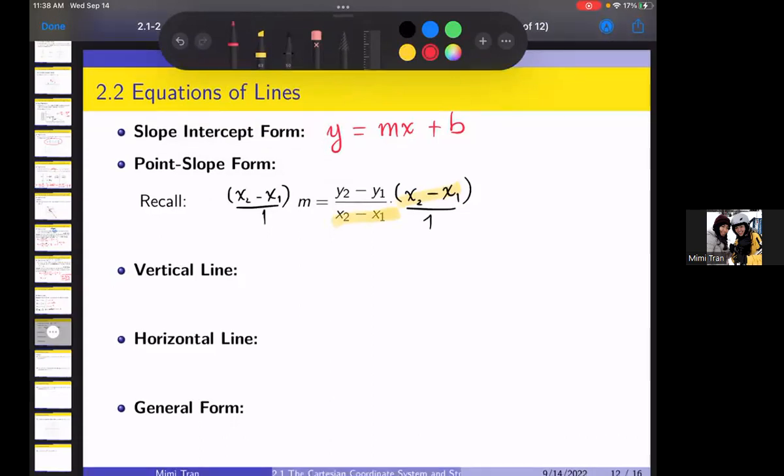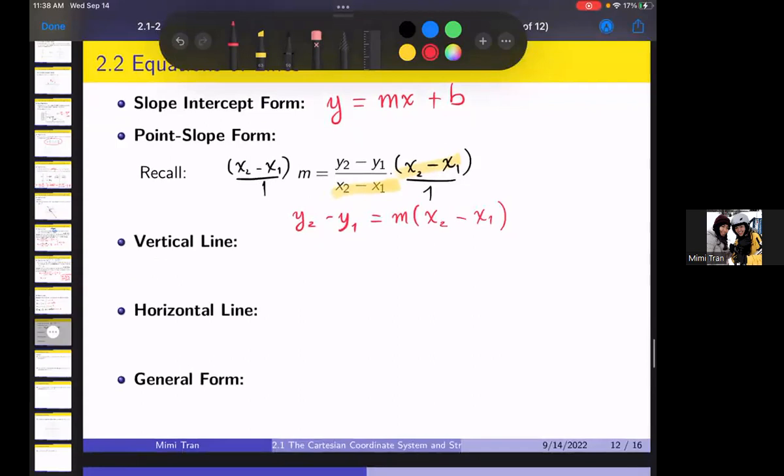So I have y2 minus y1 equals m times x2 minus x1. So far, so good. And better yet, you can just drop the subscript 2. Keep the subscript 1. So y minus y1 equals m times x minus x1. That one you need to remember.